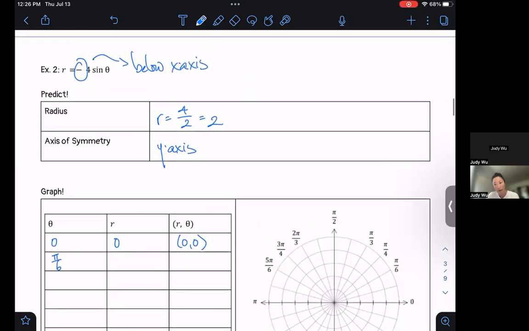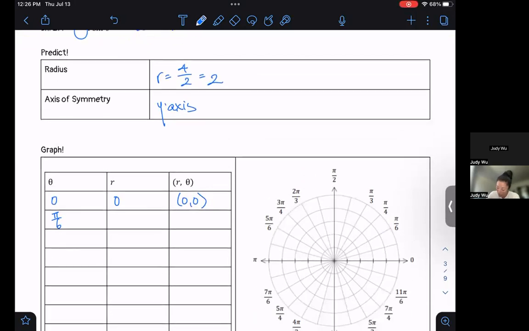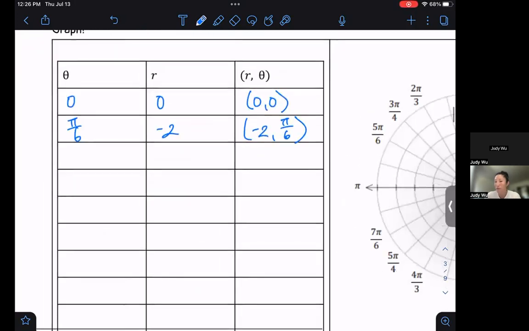I know that sine of pi over 6 is 1/2, so -4 times 1/2 is -2. So -2 comma pi over 6 is actually a point on there, okay? Now, if I plug in pi over 3 and pi over 4, I'm not going to get quote unquote nice values. So I'm going to skip to pi over 2. When I plug in pi over 2, I'm going to get 1 for the sine value. 1 times -4 gives me -4.